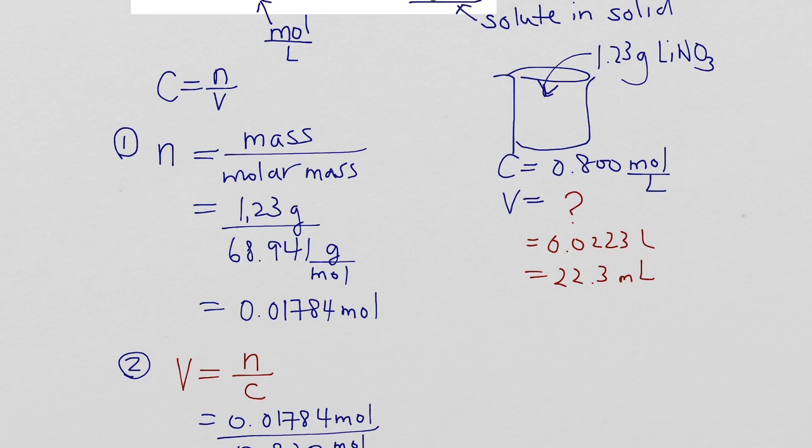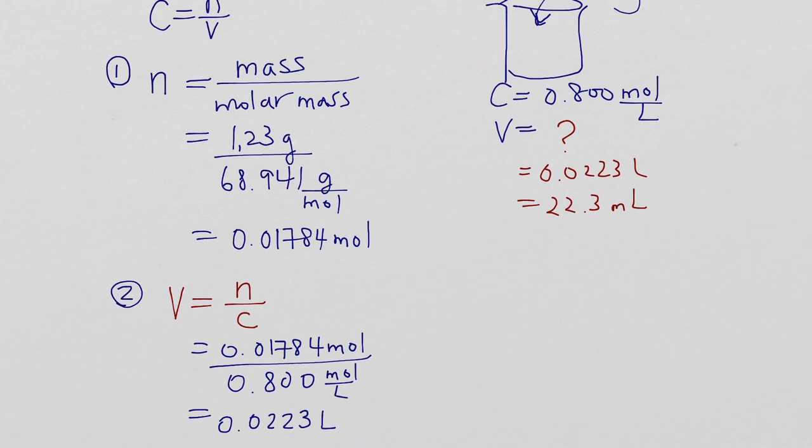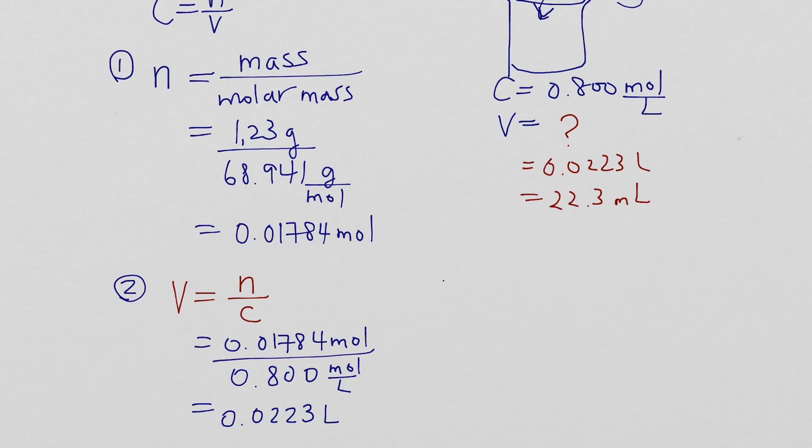So if you were to dissolve 1.23 grams of lithium nitrate into 22.3 mL of solution, the resulting concentration is going to be 0.8 moles per liter. So therefore, 22.3 mL of solution should be prepared.